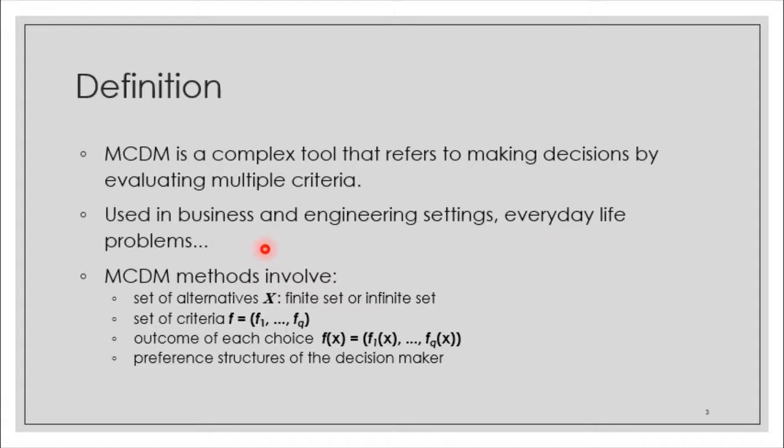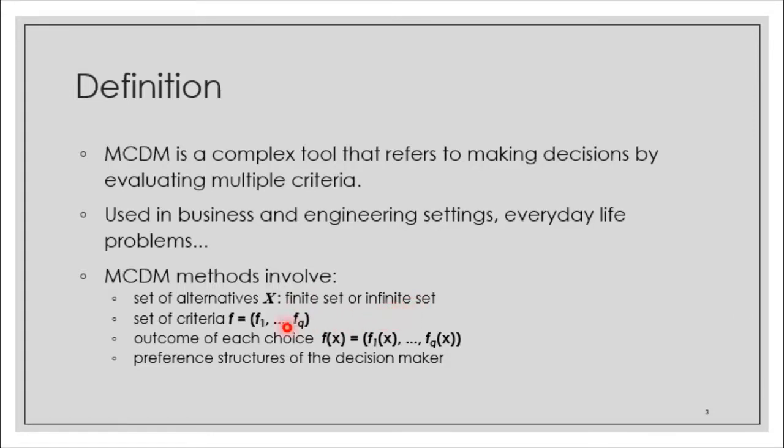Different MCDM methods, while they differ of course, still share in common certain aspects. First of which is the set of alternatives, which is denoted by X. This set is either finite or infinite. It is finite in the case of selection and assessment problems, and it is infinite in the case of design problems.